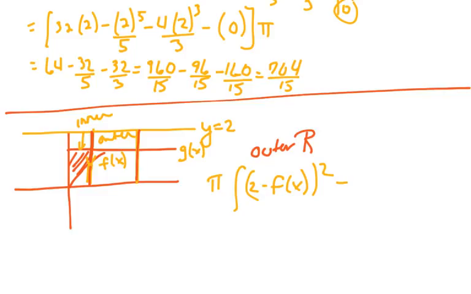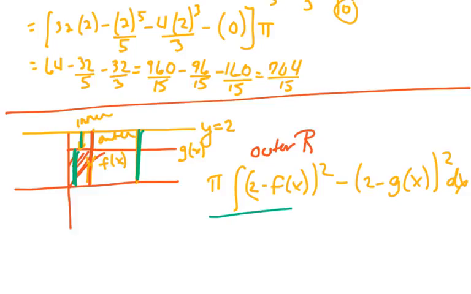Similarly, for the inner radius, you're going to have 2 minus the function g of x, squared dx, for the same reason. This distance, again, is 2, and the distance to g of x is here, and this distance minus this distance is going to give us this inner radius.